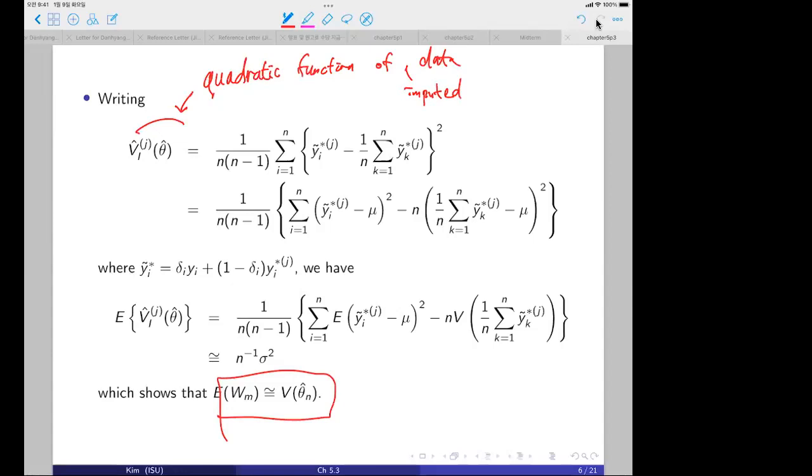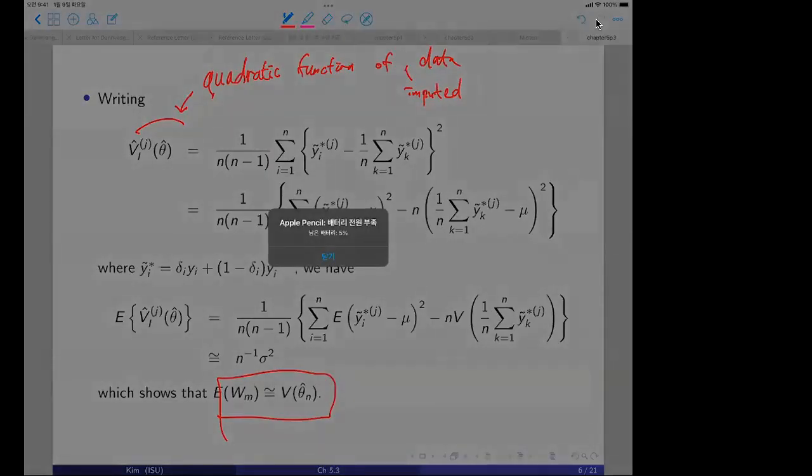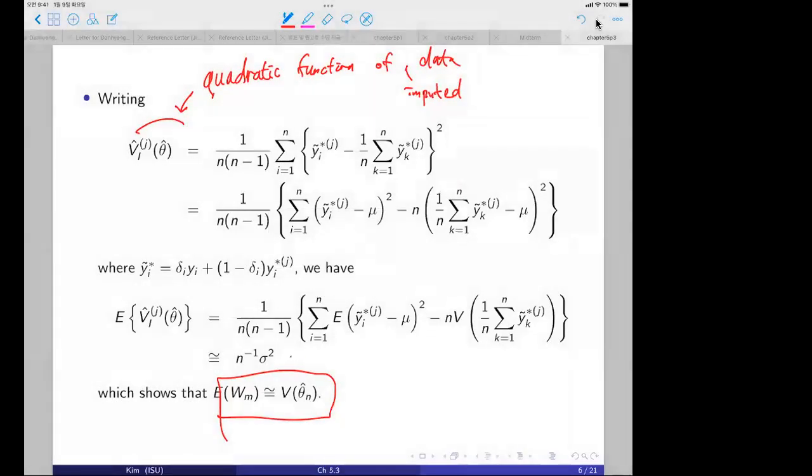You can do some simplification here, like subtracting the mean, just algebra. But at the end of the day, what you can see is that this one dominates and the second term is of negligible order. So this basically proves the first part of the theorem.